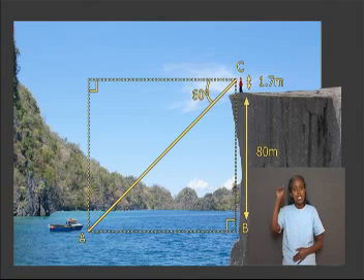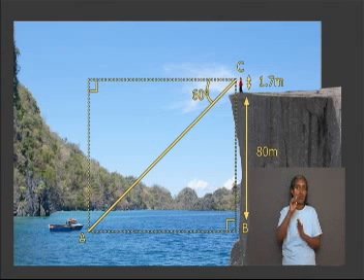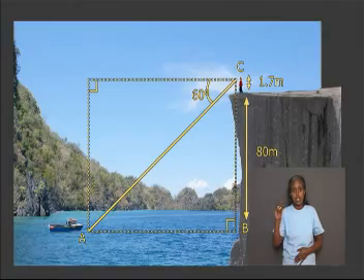Samuel is 1.7 meters tall, and the cliff is 80 meters tall. The angle of depression from Samuel's line of sight is 60 degrees. Please calculate the distance from the bottom of the cliff to the boat, shown here as line AB.